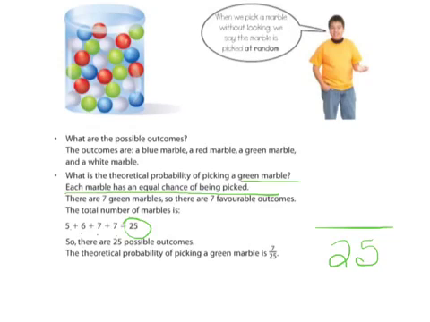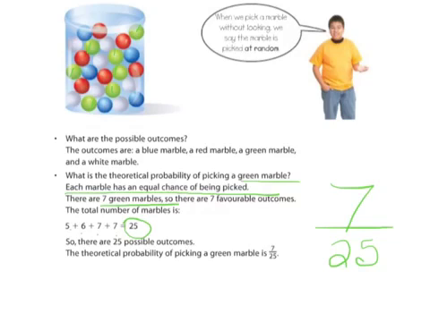So how many green are there? 1, 2, 3, 4, 5, 6, 7. There were 7 green marbles. That becomes our top number. So 7 out of 25 is our theoretical probability of picking green. If we were to pick marbles 25 times, we should, in theory, pick green 7 of those 25 times.